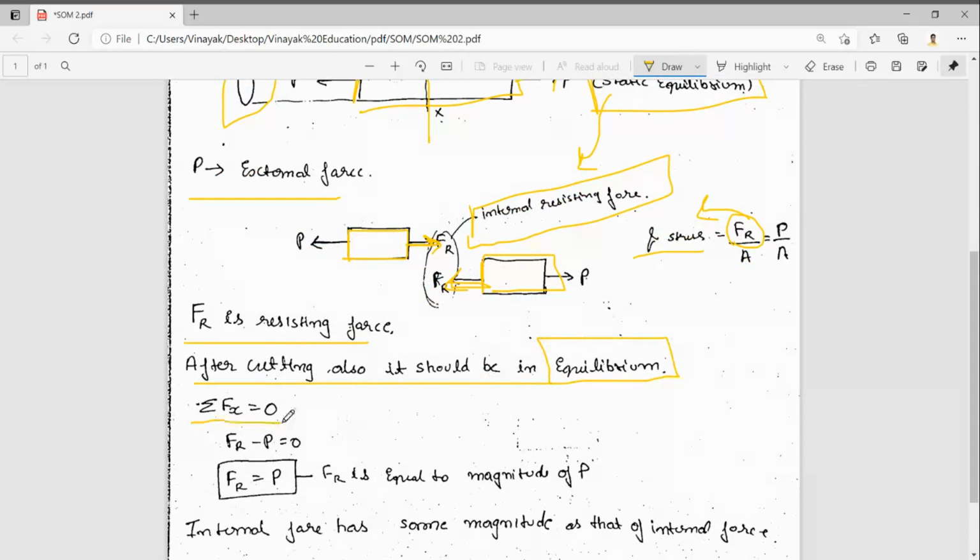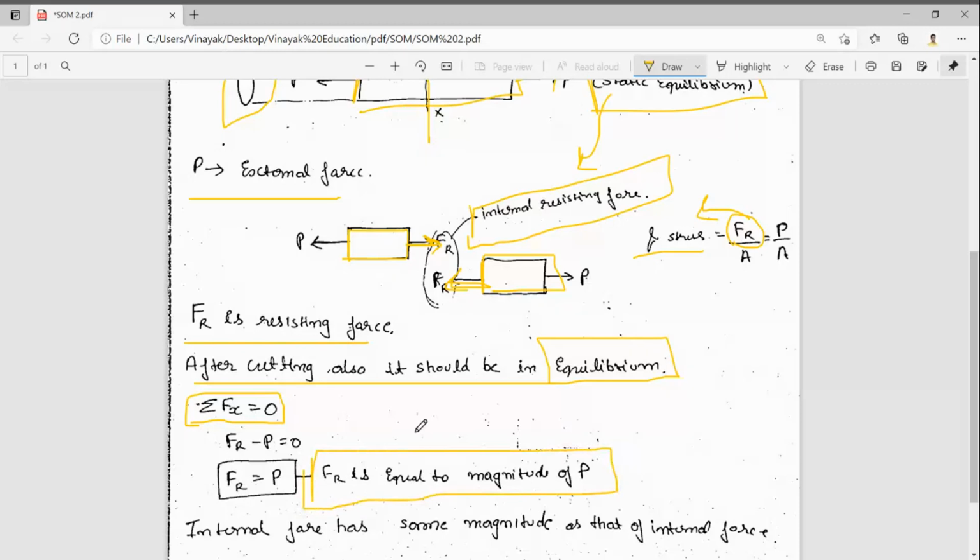For equilibrium, you know that sigma Fx equals 0. You should remember this equilibrium condition, which we will study in mechanics. Sigma Fx is 0. So here, Fr is on this side minus P in the opposite direction equals 0. So Fr equals P. So here Fr is equal to the magnitude of P.